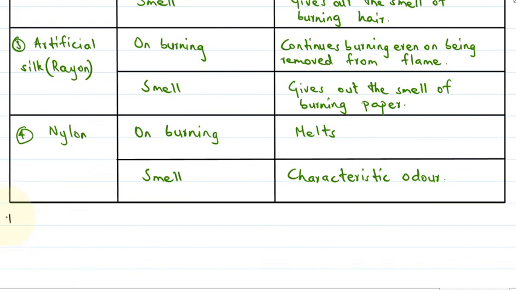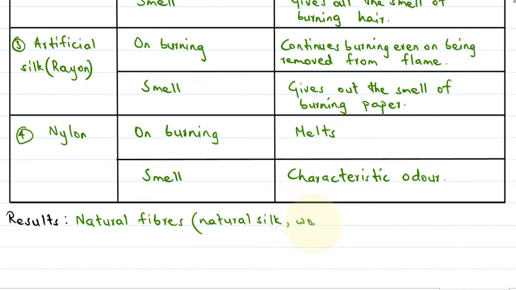And then let's talk about the results now. So what are the results we have got? We have seen that natural silk is a natural fiber. We have also considered another natural fiber, that is wool. So what happened?